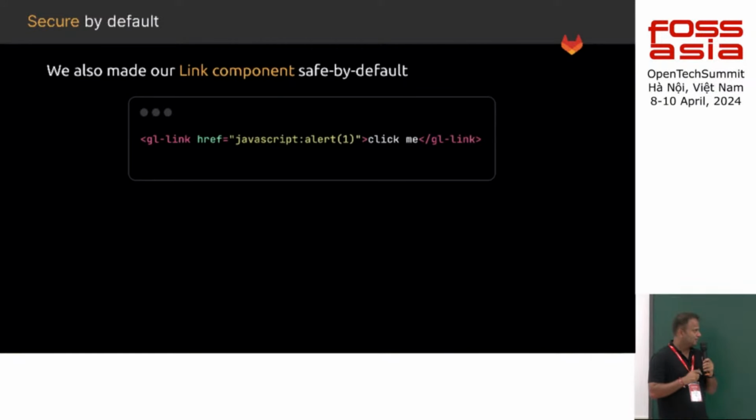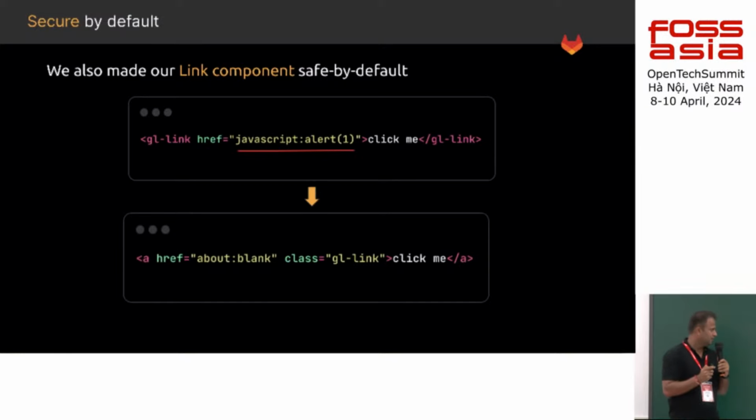And then similar to that, we also built a secure link component. It's a GL link component, and we try to make sure that the links are secure by default. So for example, if somebody tries to write an href with JavaScript code in it, we try to sanitize it and remove any malicious link.